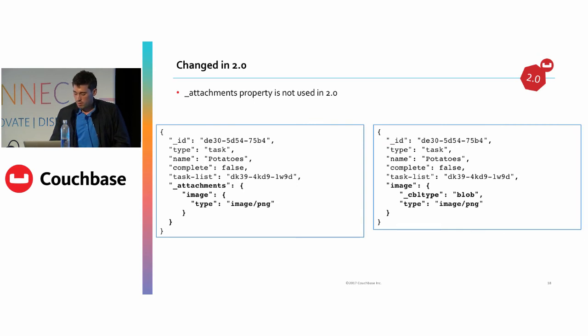In 2.0, this is changing slightly. So instead of having the underscore attachments property on the left, we're going to have the attachment name straight away, and then inside of it, the underscore CBL type, and in this case, we're calling it blob. So we've redefined the attachments API to be called blob, and we'll go in detail about this in the next talk.